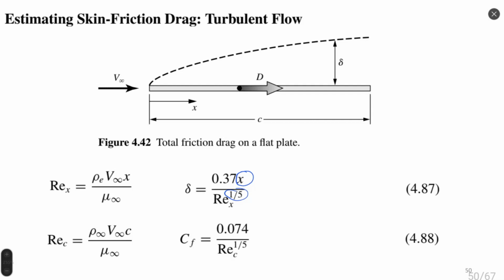And the skin friction coefficient remains a constant value because Reynolds calculated by port size is a constant, so there are only constants here. Skin friction coefficient is constant, and the thickness of boundary layer is changing with the coordinate.